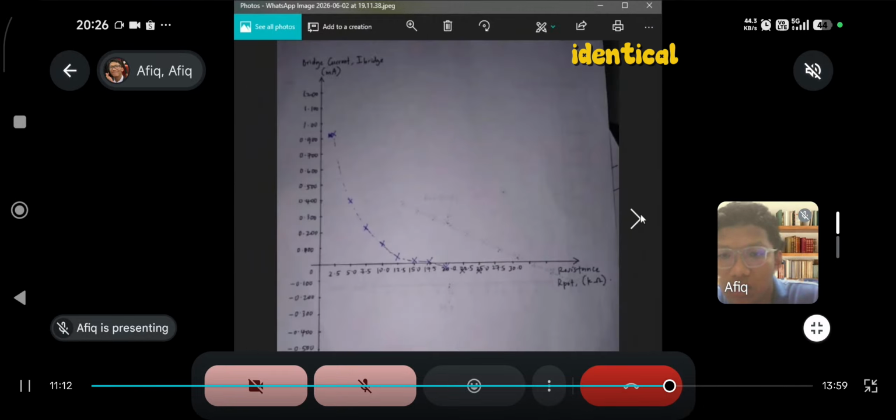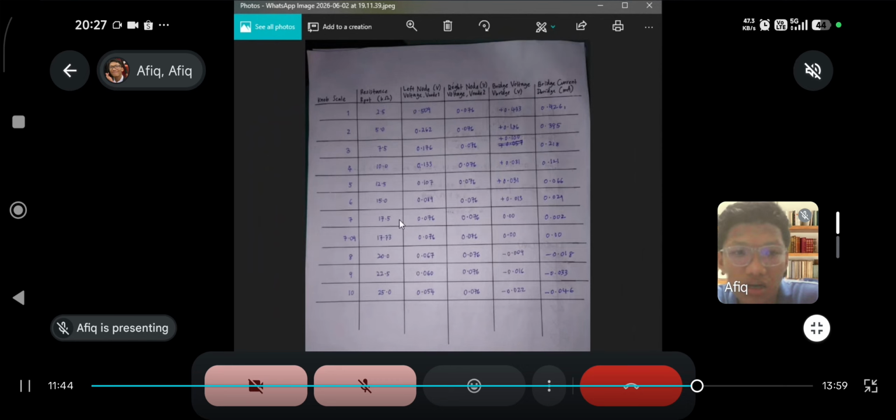By identifying the x-intercepts where these curves hit absolute zero on our graph, we visually confirm our balanced resistance state of 17.73 kilo ohm.